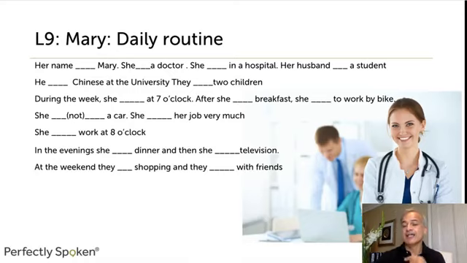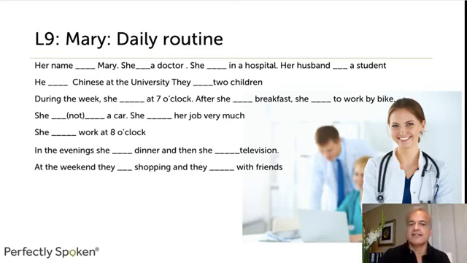I speak, she speaks. And negative: I don't, she doesn't. I have, she hasn't.